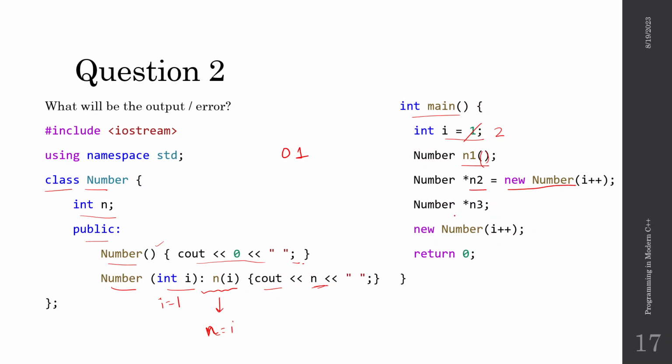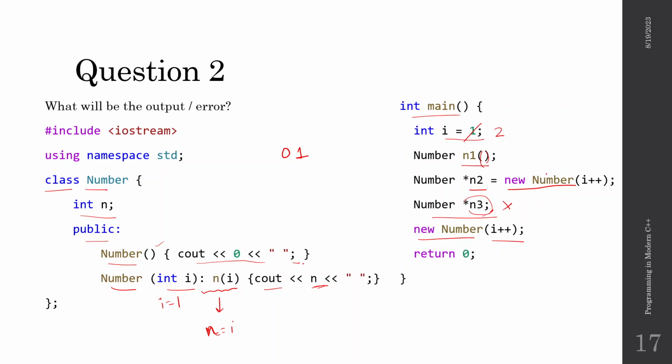After this we have a pointer number star n3, but no new object is being created. We just have a pointer, which points to some garbage location, not any specific location, so no constructor will be called here. In the last line we are again calling new number I plus plus.